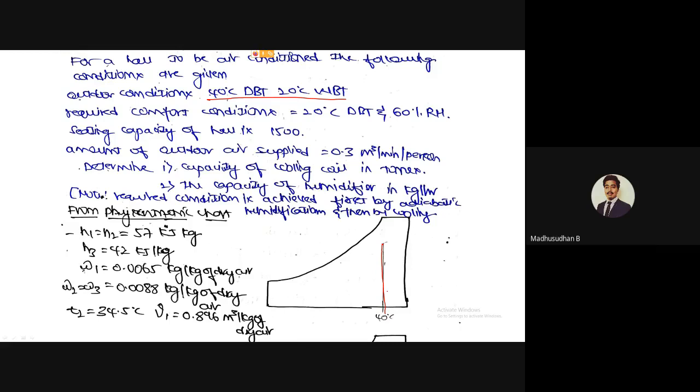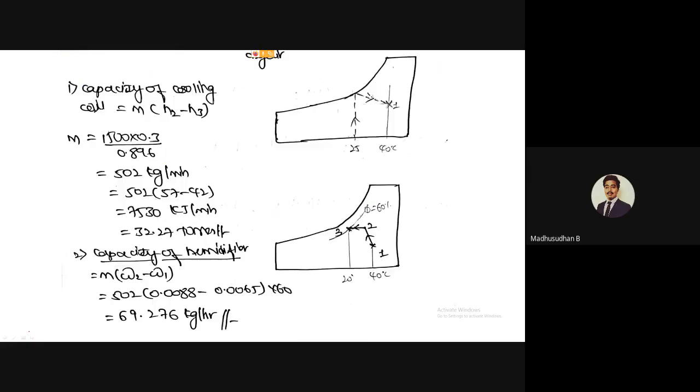After that, look for the 20 degrees Celsius WBT value and go vertical like this to meet the saturated curve.